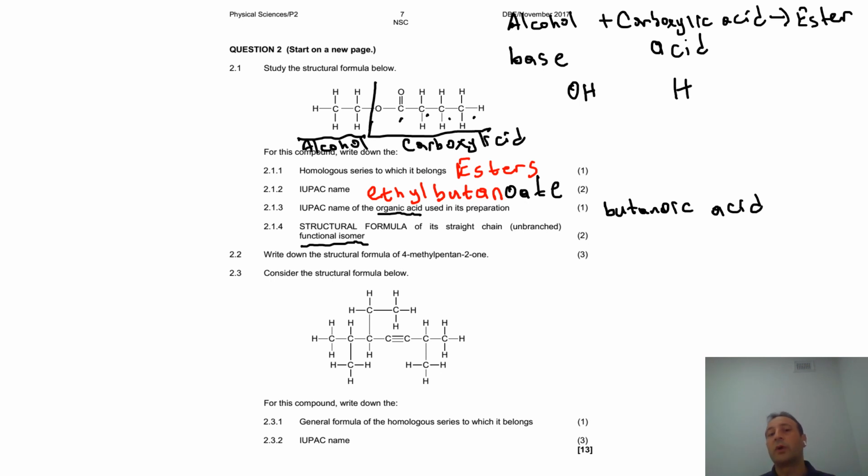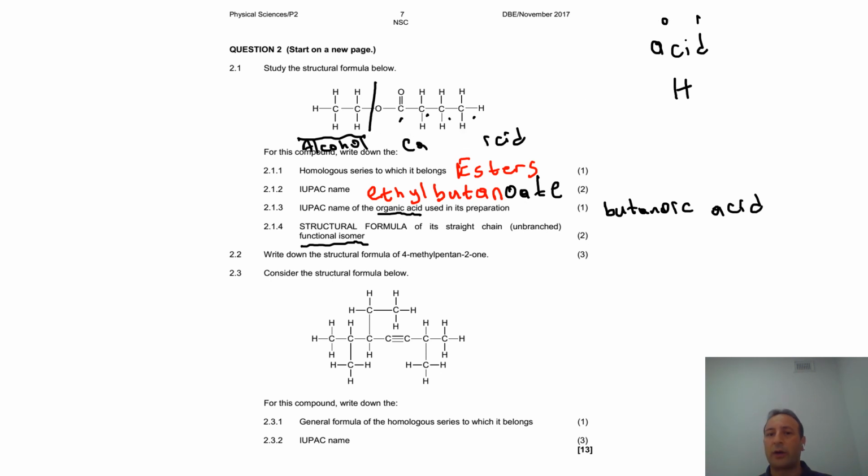We need to remember that esters are functional isomers of carboxylic acids, and aldehydes are functional isomers of ketones. Here my compound is an ester, and we are looking for its functional isomer. The functional isomer of an ester, as we just mentioned, is a carboxylic acid. So we need to rearrange this molecule to make a carboxylic acid.